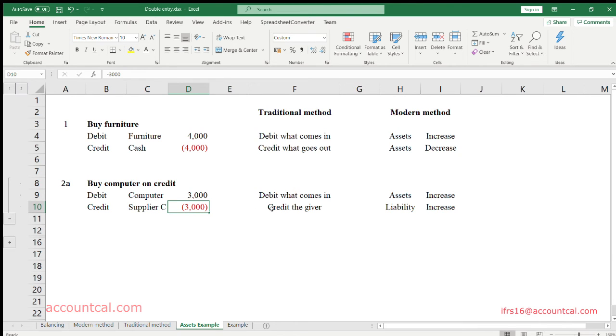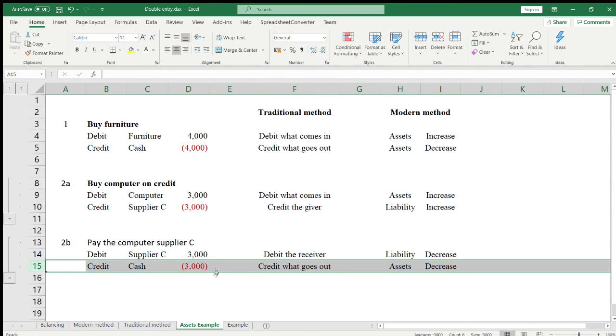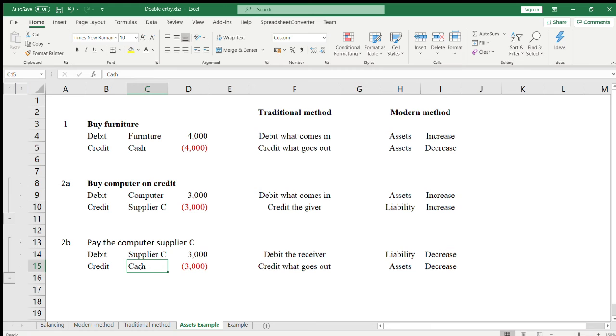Now what happens next? For example, after a few days we pay cash to this supplier. Let's understand the credit side first. We know cash is an asset which has decreased because we have paid out the cash.